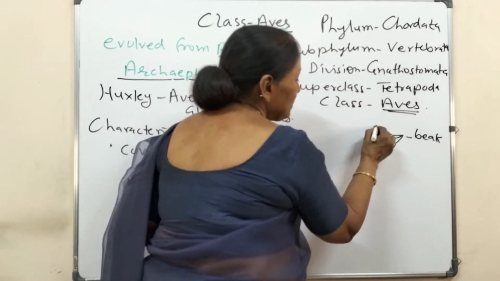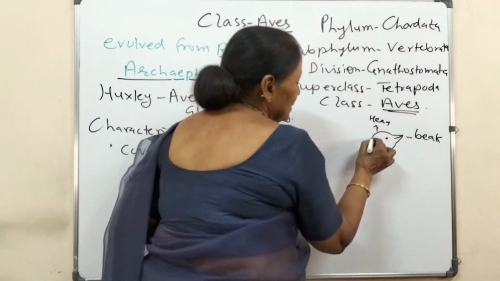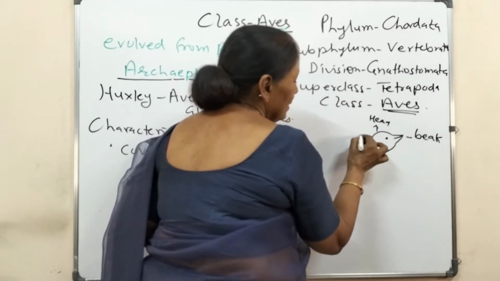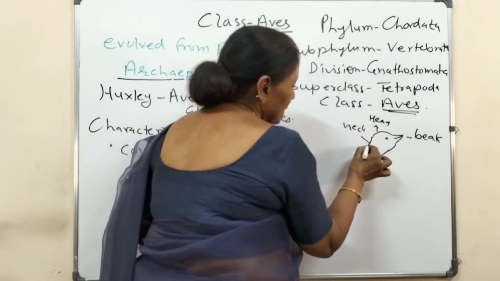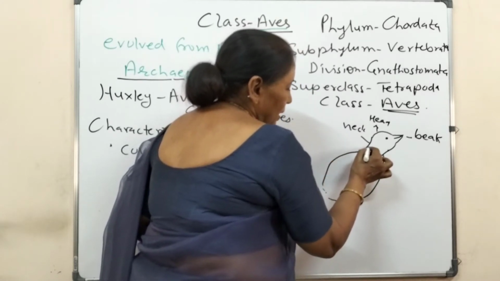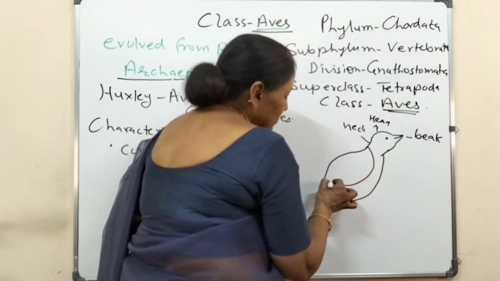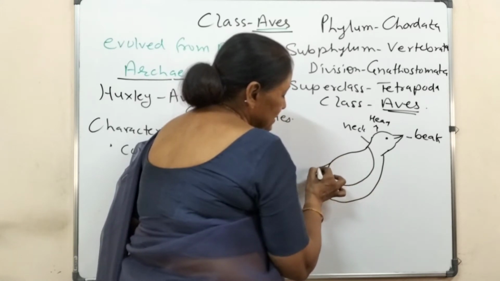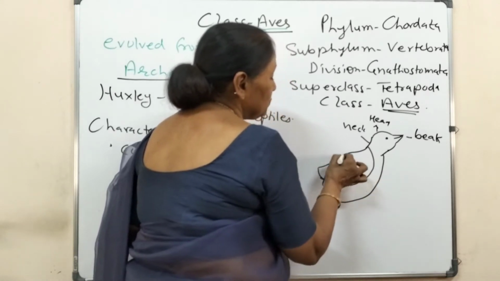Then this is the head. They have a neck and the body is covered with feathers. The forelimbs are modified into wings.